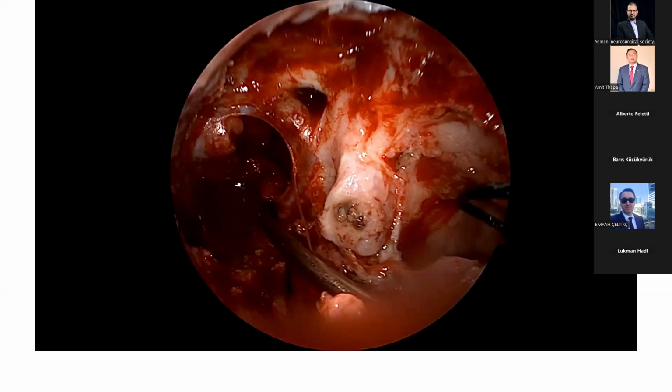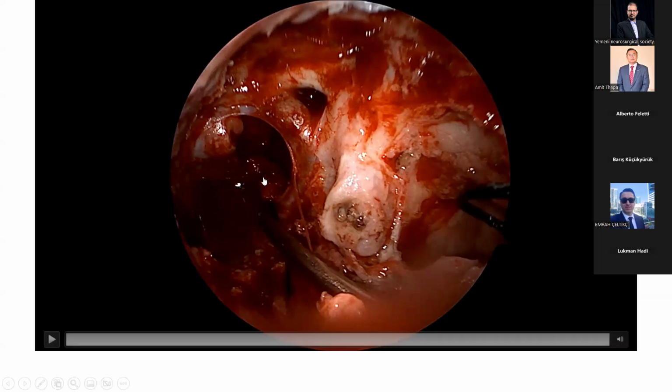But here's the thing. For example, if you coagulate or just destroy the deep cerebral veins, most of the time some catastrophic events can happen.